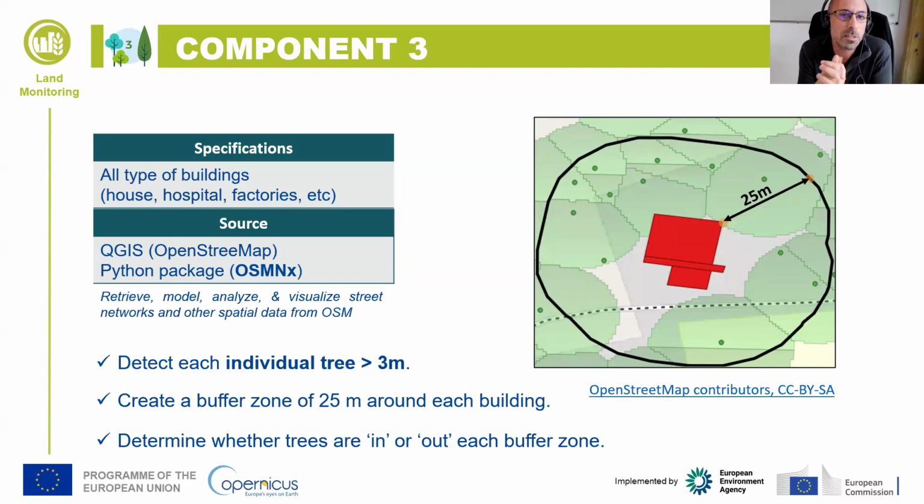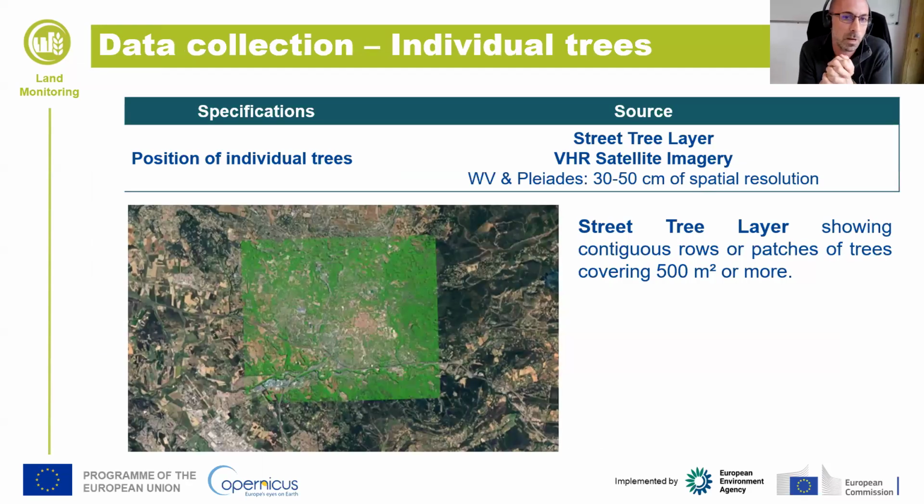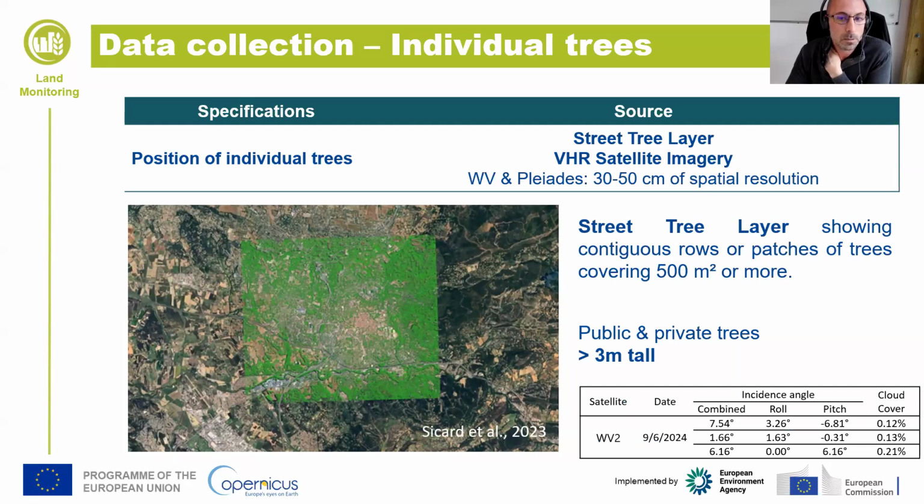So we can use the tree layer, showing continuous rows or patches of trees covering 500 square meters or more. But also to complement, we can use very high resolution satellite imagery like WorldView or Pleiades with a spatial resolution of 30 or 50 centimeters in order to detect individual trees, private and public trees, taller than 3 meters.